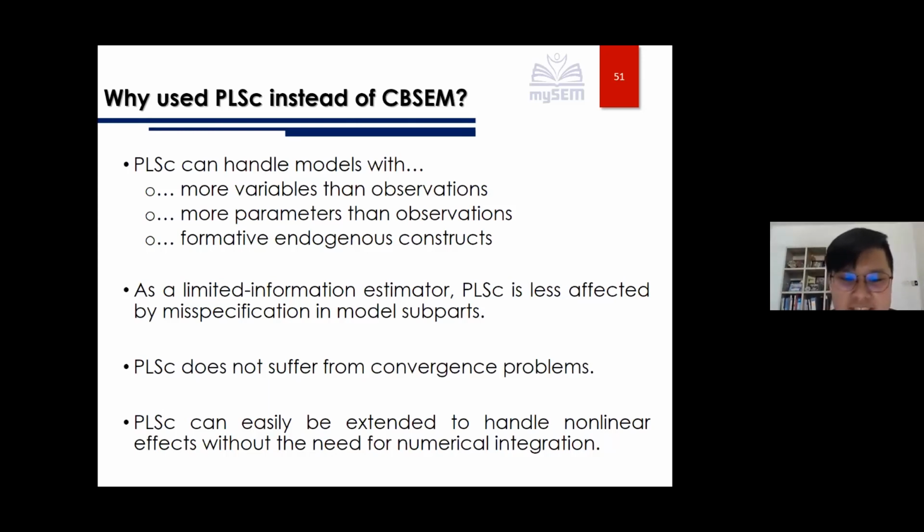And PLSc can easily extend to the handling of non-linear effects without any numerical integration. This can easily be done in SmartPLS software or PLSc. That is the advantage compared to CB-SEM software algorithms, like those using maximum likelihood and so on. So this is the advantage of why people use PLSc.